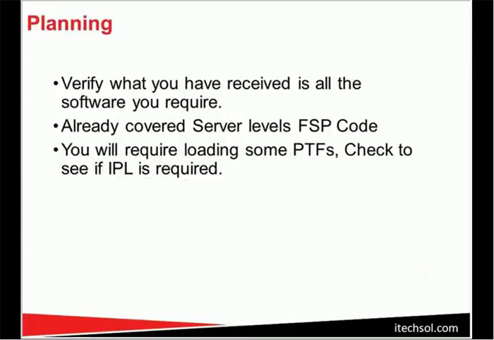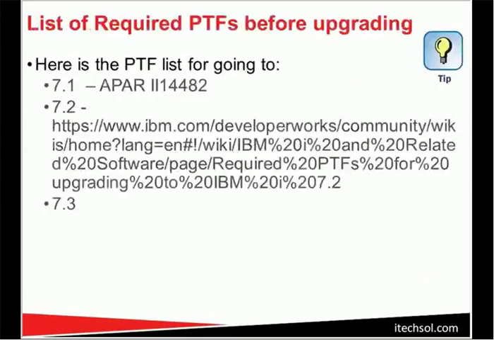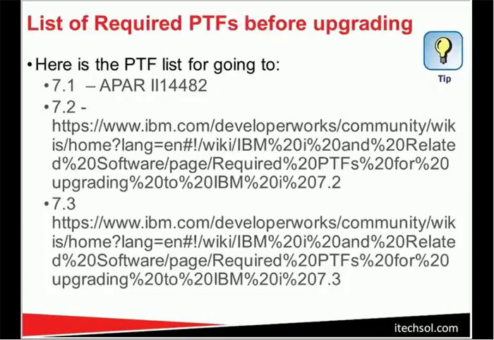So let's talk a little bit about required PTFs. We've already covered FSP levels, and we'll cover some more stuff on required PTFs. This used to be real simple. You used to just do a Google search for an informational APAR like II14482, and it would tell you everything inside of it. Now it still tells you that information, but you have to use this whole extended URL.